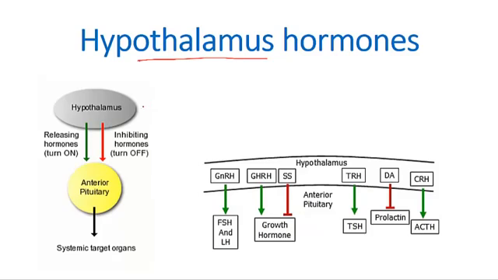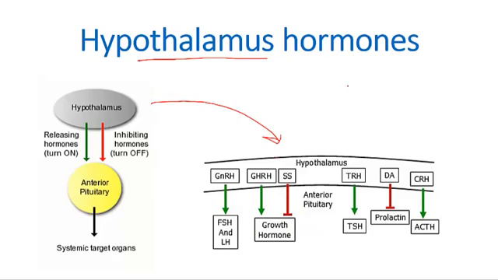Actually, it's known as the paraventricular and supraoptic nuclei, which are part of this hypothalamus. Both the paraventricular and supraoptic nuclei secrete hormones into the posterior pituitary, and they release and control the release of the hormones from the pituitary.